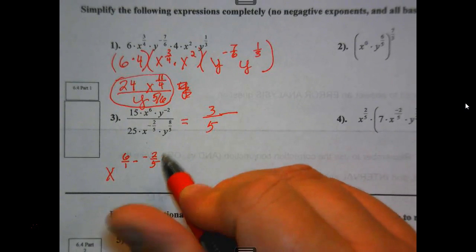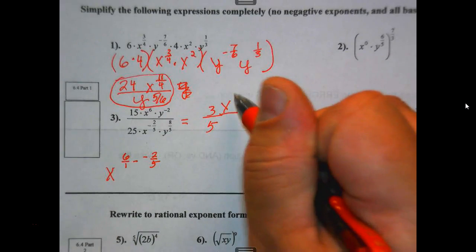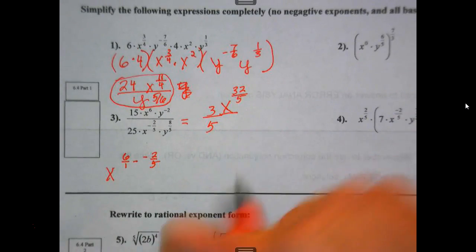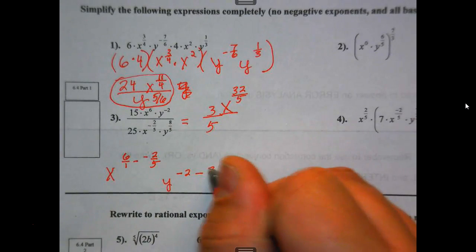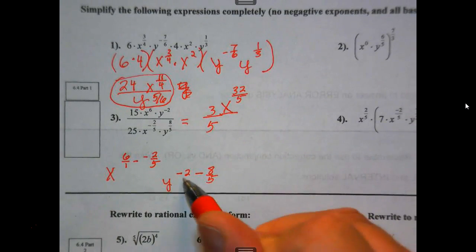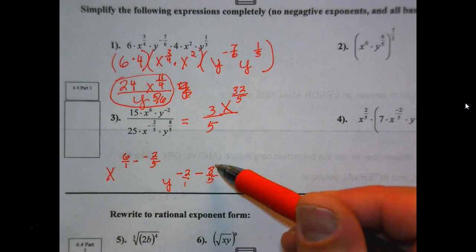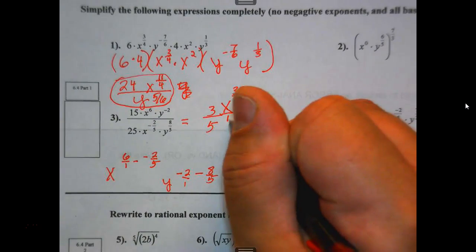Let's see, 5, 30, 30. So that would be x to the 32 fifths. And y to the negative 2 minus 8 fifths. See, make that a 5. So it's negative 10. So it'd be negative 18 fifths. So it'd be 18 fifths on the bottom.